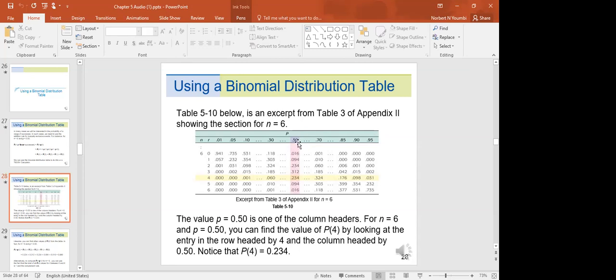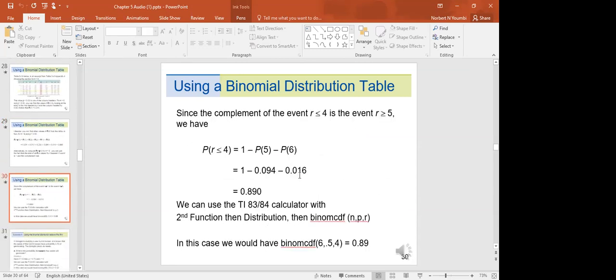And if you want cumulative, you add everything up to where you are. In some cases, the complement rule will become useful. If you have, for example, 6 trials and you want the probability that the number of successes is greater than 4, it's better to do the cumulative for 4 and subtract it from 1.